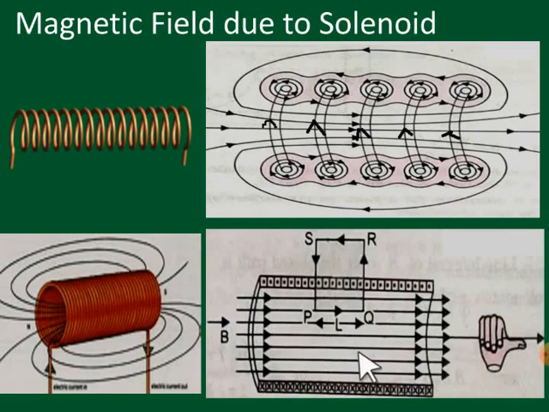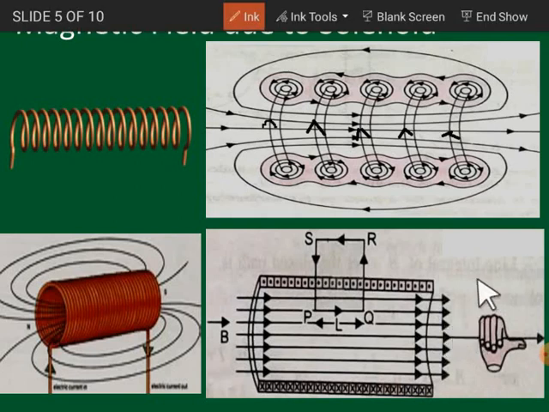Got it? If the direction of the current carrying conductor is in this way, then the magnetic field will be acting along this. If you take it that the magnetic field is along this, that means this side will be acting as south pole, and this side will be acting as north pole. We have learned about the direction of the magnetic field of that circular coil.